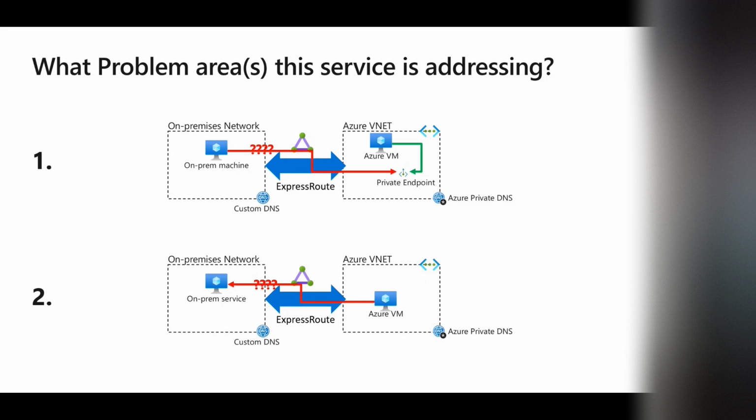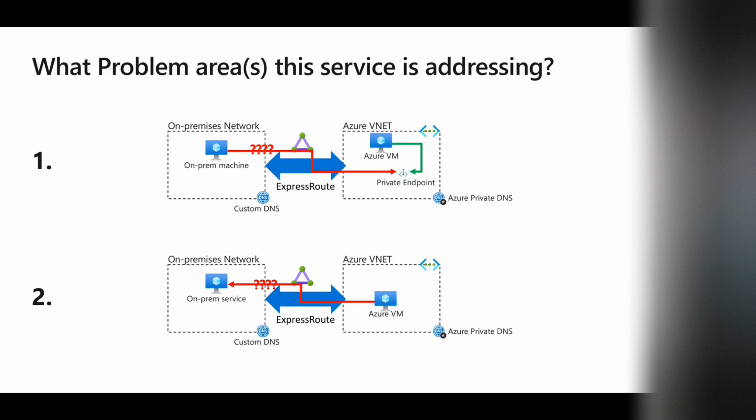That's how it will know, for that, I have to go to this particular IP address. And let's say that you are constantly adding and removing private endpoints, you have to make sure your custom DNS on-prem is updated. So that's why it becomes a challenge.